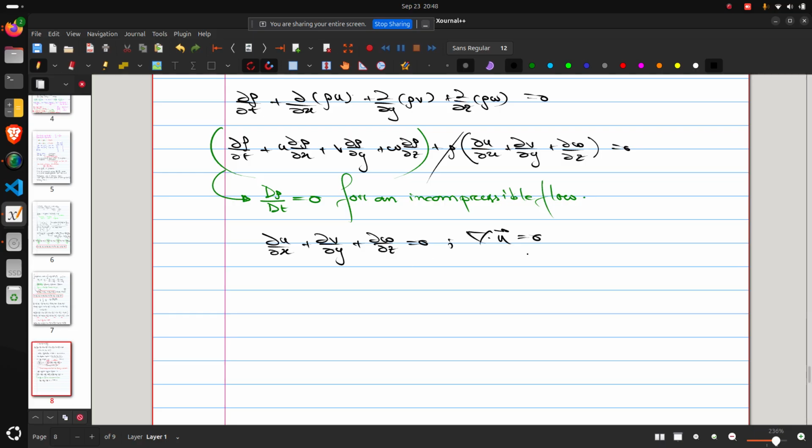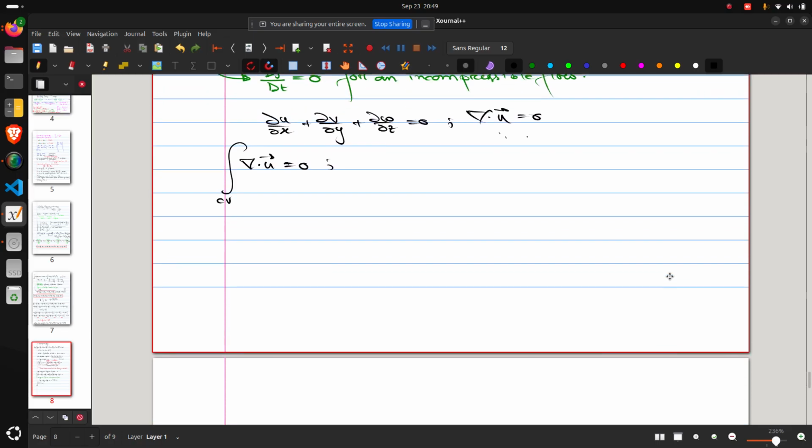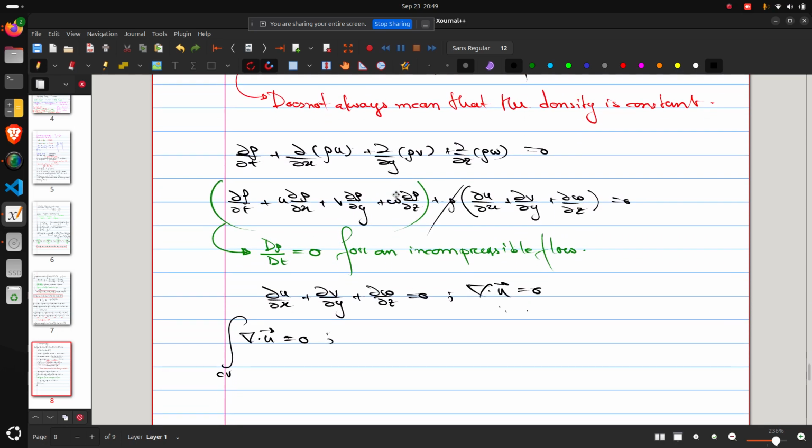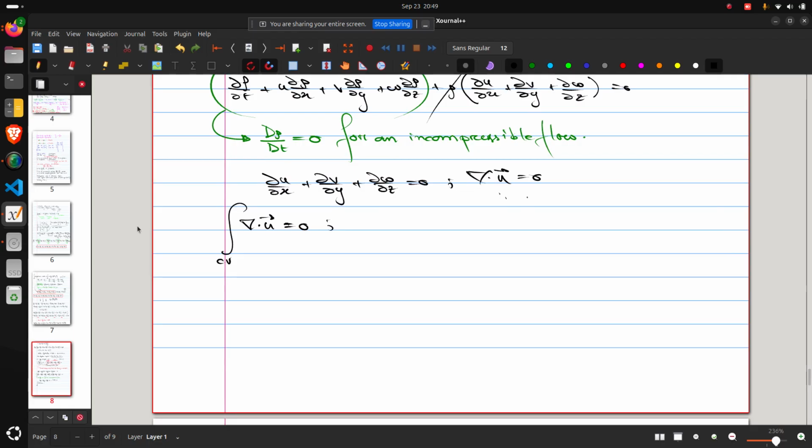Now, if we do it in a control volume integral sense, in a control volume, we can just convert it to a surface integral over the control surface of u vector dot dA vector, right.